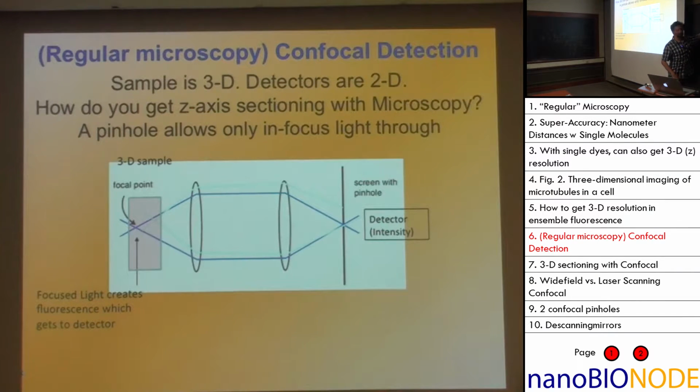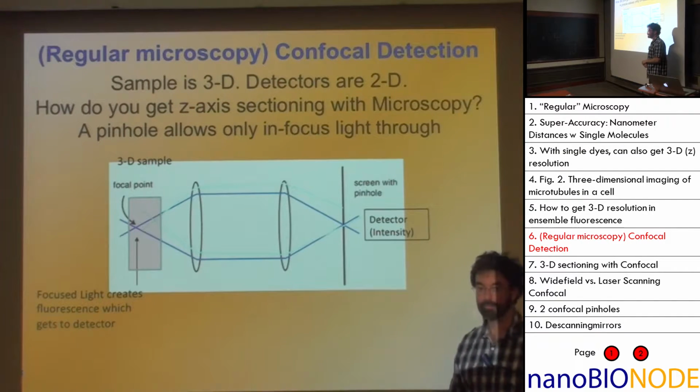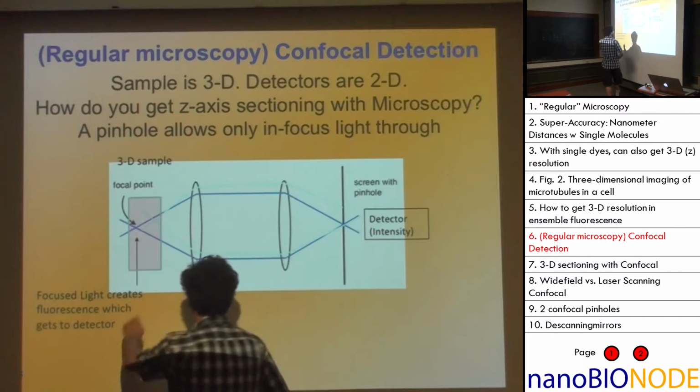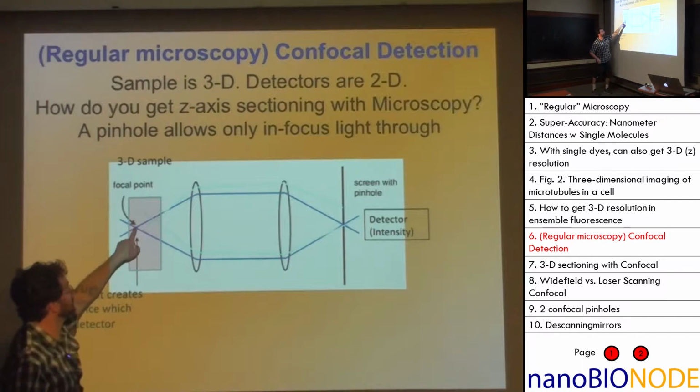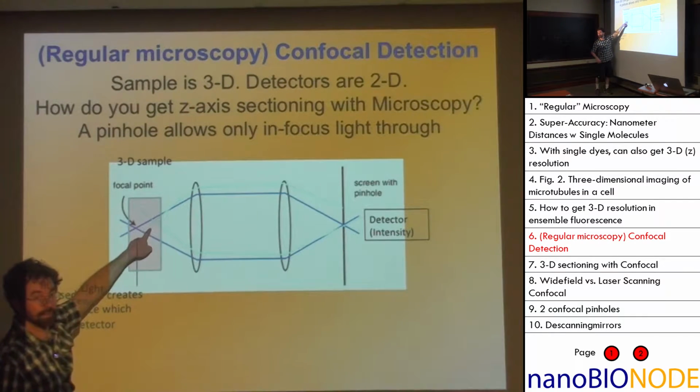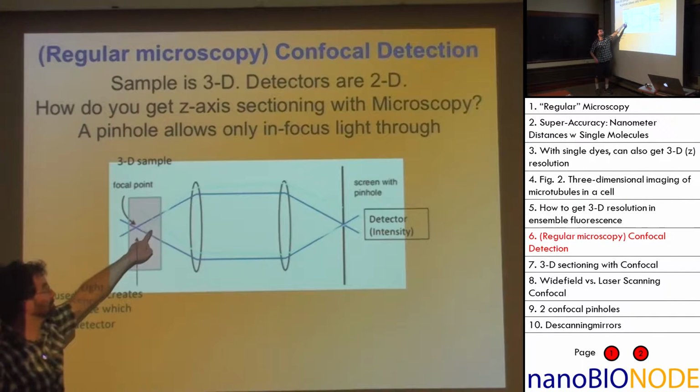Okay, Z is this way, X is this way, and then Y is into the board. So where do you want it to be? Let's say we just have a point that's to the right of that focal point. It will still show up as a perfect image.